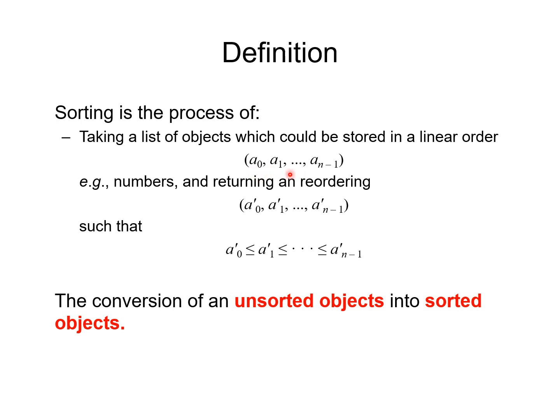If there are n elements, they can be a naught to a n minus 1, and after ordering, the indices will still go from 0 to n minus 1, but the elements will be in different order. The first element should be less than the second element, the second less than the third, and so on up to n elements. So you can say your elements are in sorted order if you are keeping them this way.